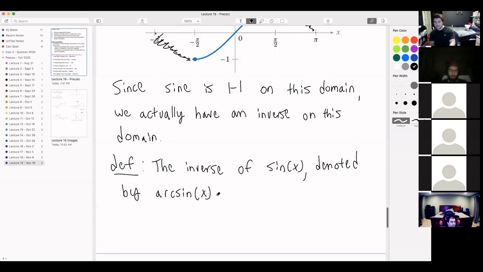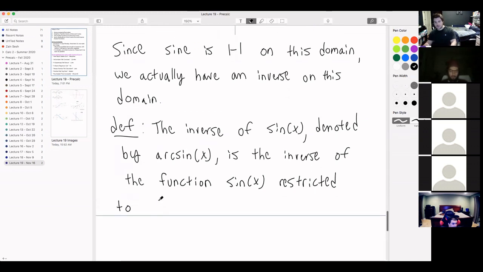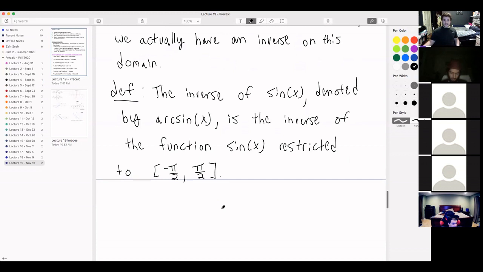Arc sine of x is the inverse of the function sine of x restricted to that closed interval minus pi over 2 to positive pi over 2. So that is the definition.